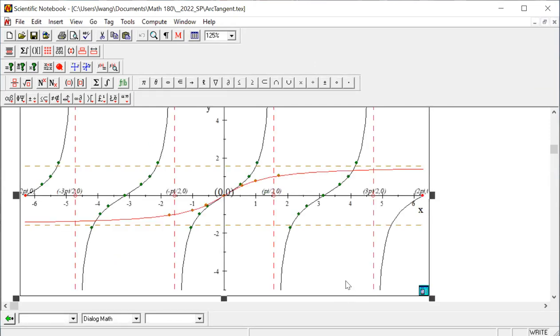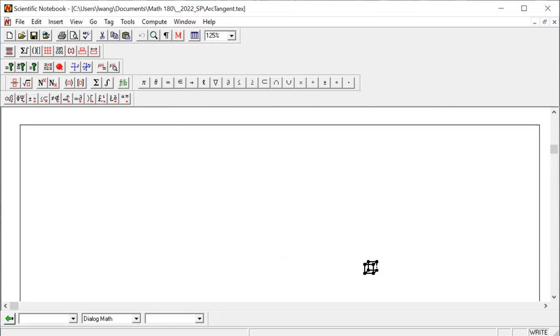Okay, but what pieces are inverse to each other, right? That's the thing. You see, the way we created this arctangent, which is the red, it has an inverse. So I'm going to just make some adjustment to the scale.